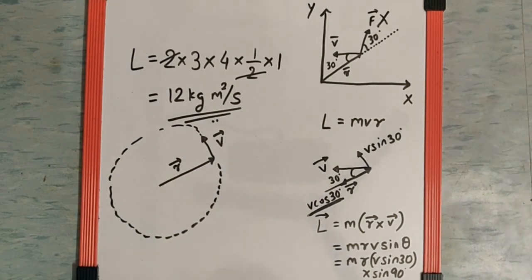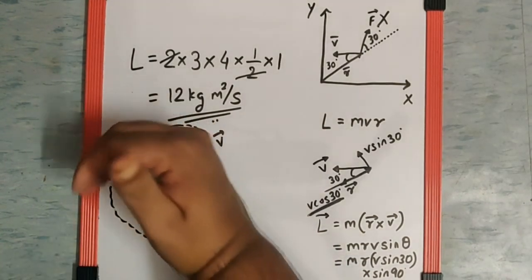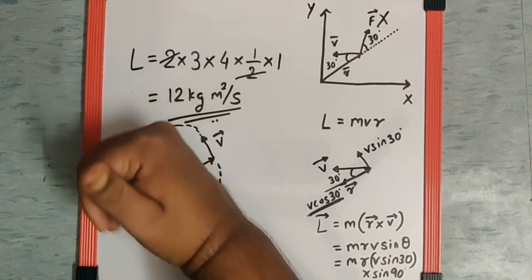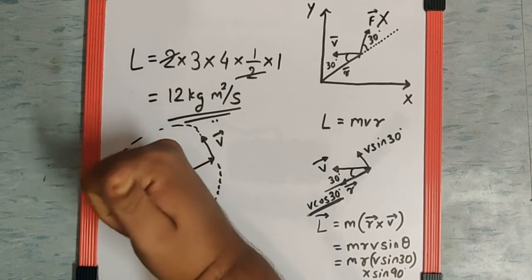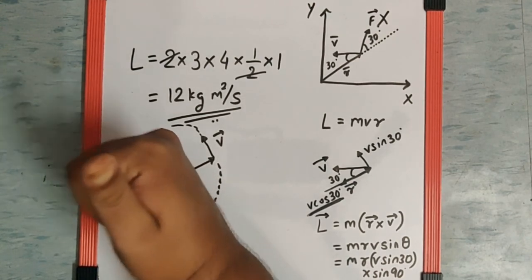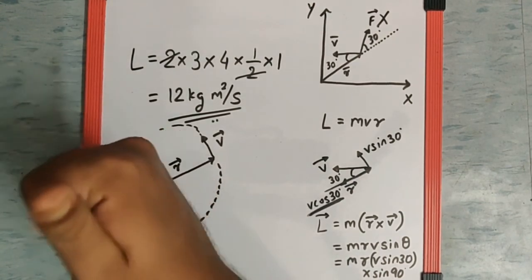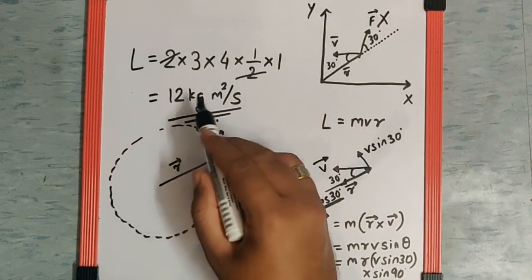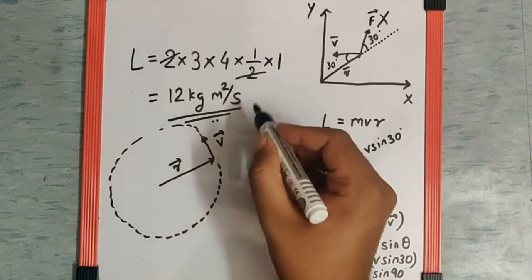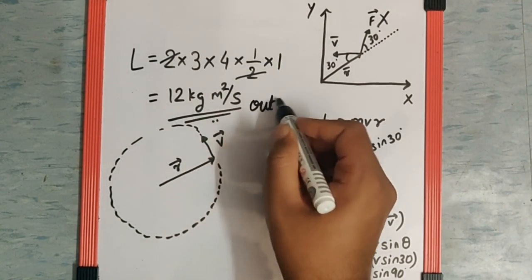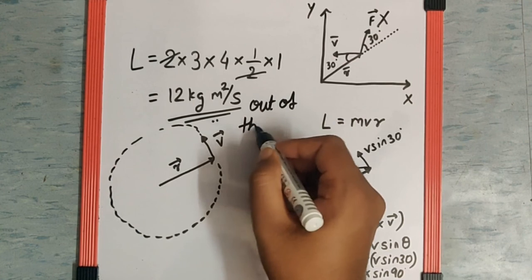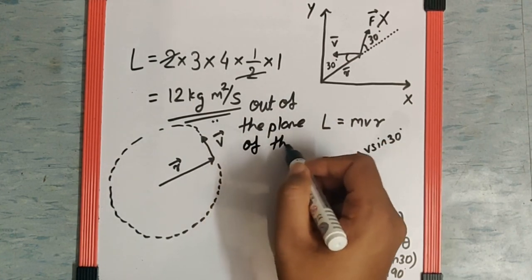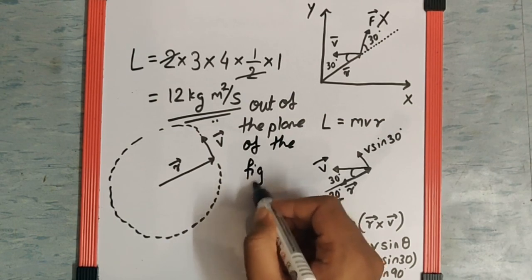Now when the position vector rotates in the anti-clockwise direction, by right hand thumb rule, the direction of the angular velocity or the angular momentum is going to be out of the plane, and so the answer will be 12 kg meter square per second. Direction will be out of the plane of the figure by right hand thumb rule.